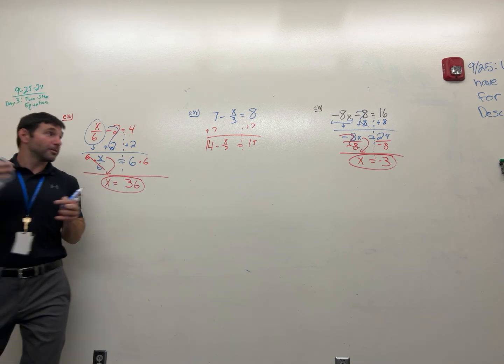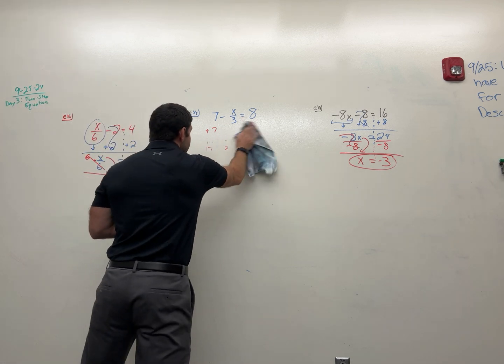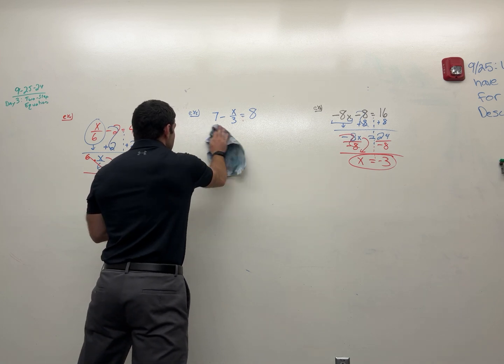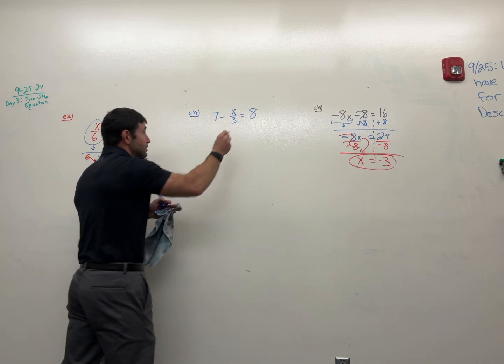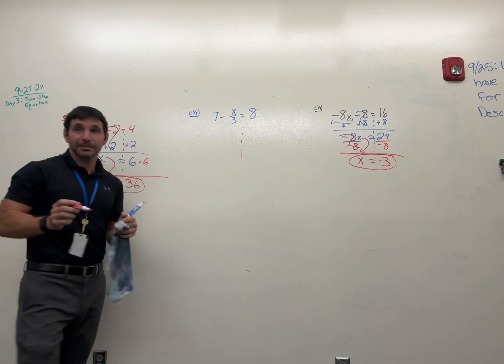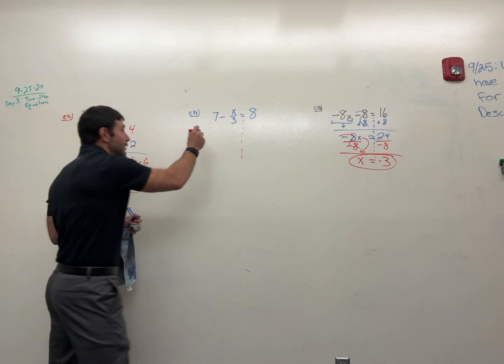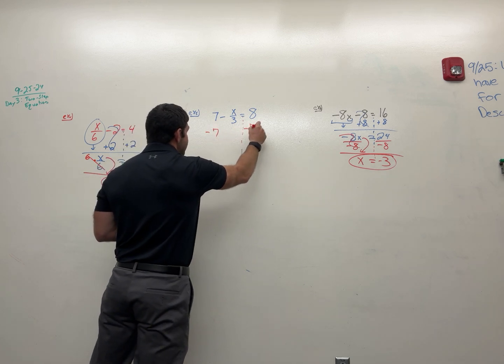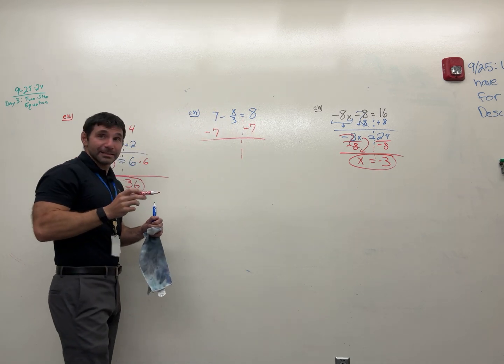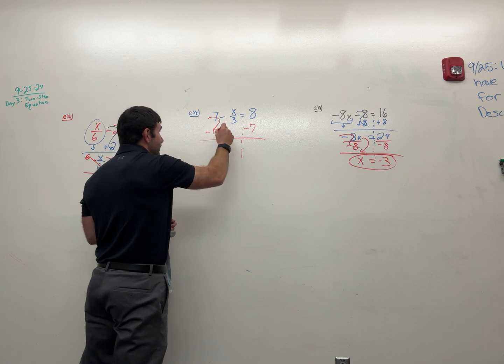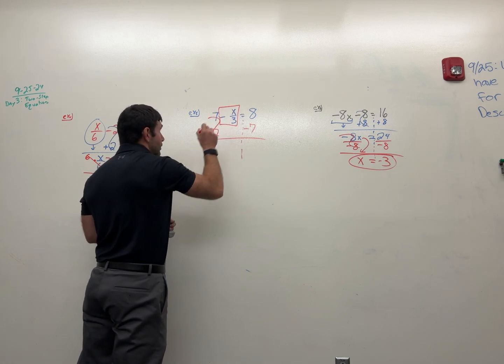No. So, knowing that, you're right that we have to move the 7, but what do we do in order to start to isolate that x? Say it. Subtract. Yeah. We're going to subtract the 7. 7 minus 7 is 0. That's the additive inverse. Now, this is where we're going to get confused.